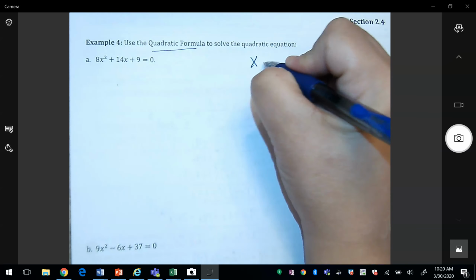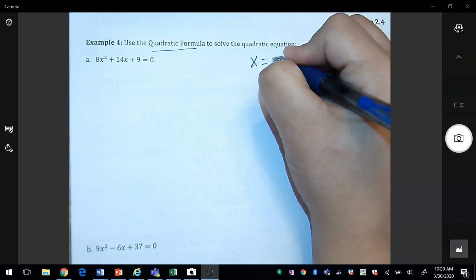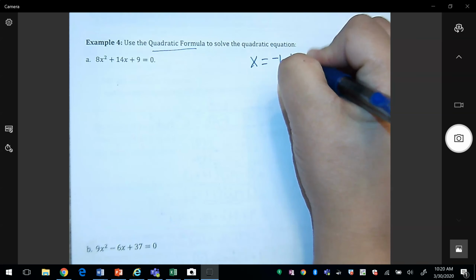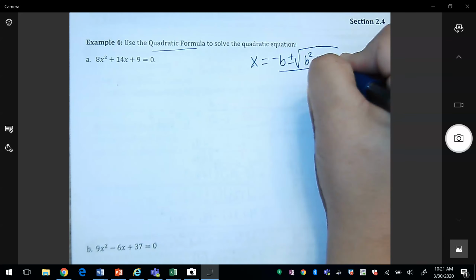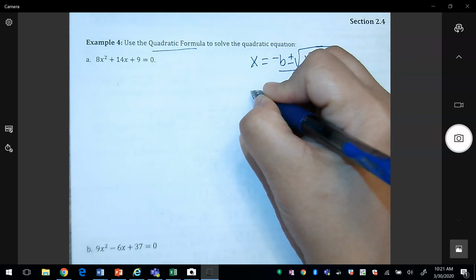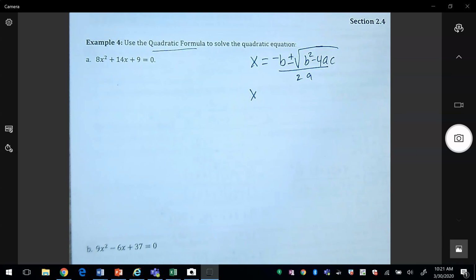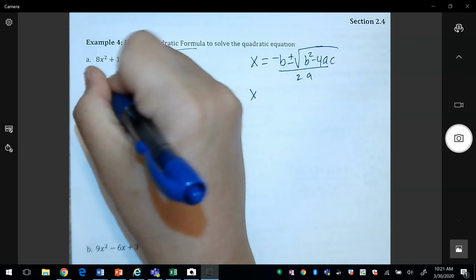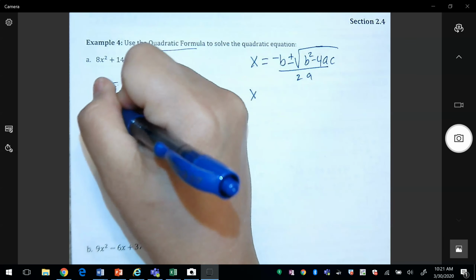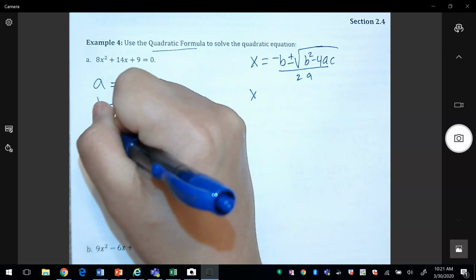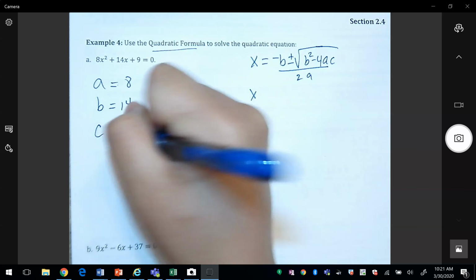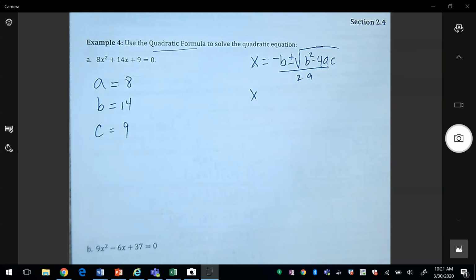So the quadratic formula, as you recall, is x equals negative b plus or minus square root of b squared minus 4ac, divided by 2a. So our a in this situation is 8, the coefficient in front of x squared. Our b is 14, the coefficient in front of x, and our constant is 9.